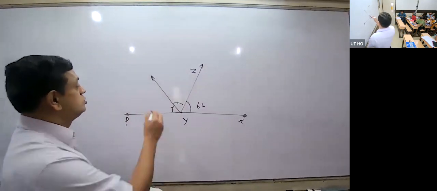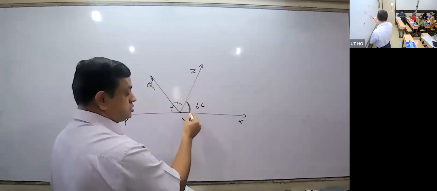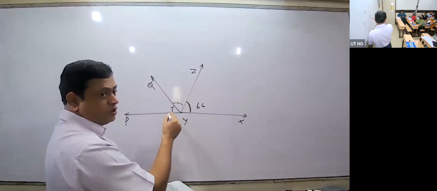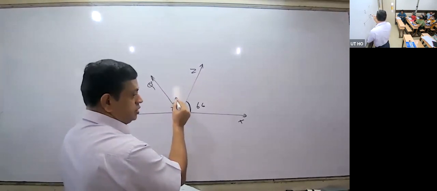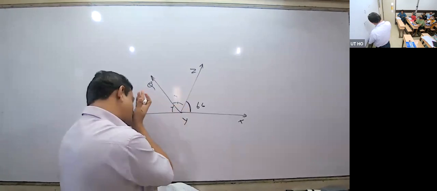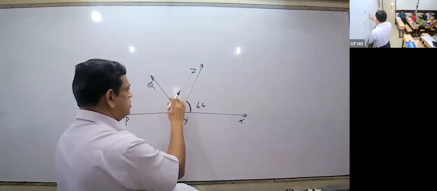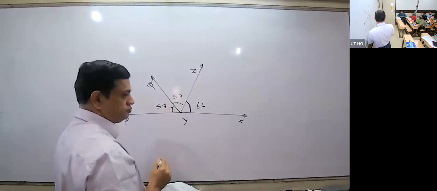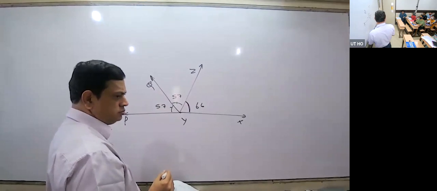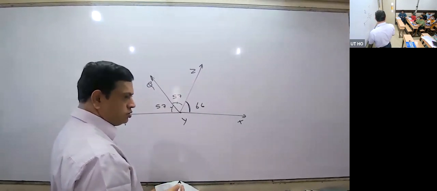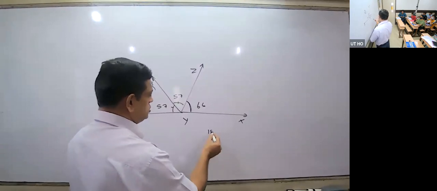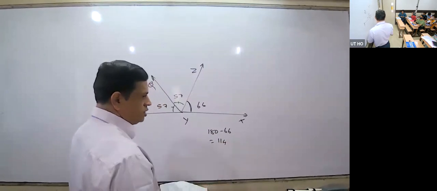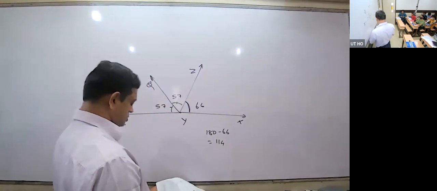Where is XYQ? So this is how much? 66. This full angle is how much? 180 minus 66. You know how much? 114. Then 114 divided by 2. What is 180 minus 66? 114, okay.